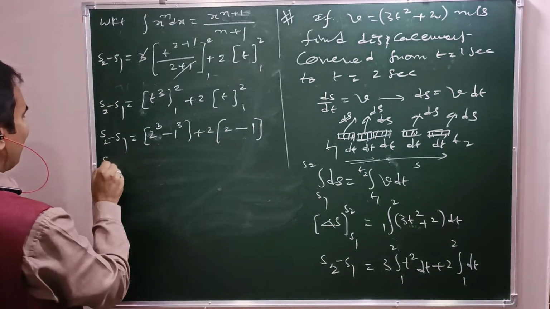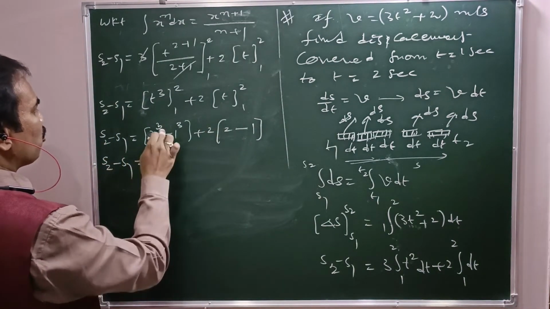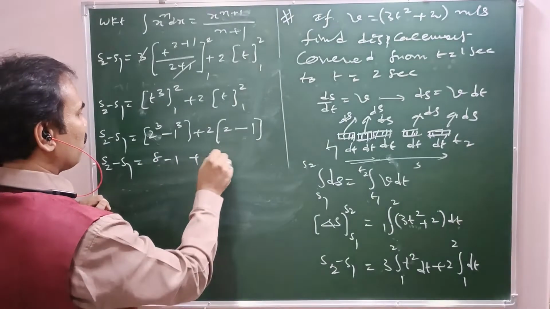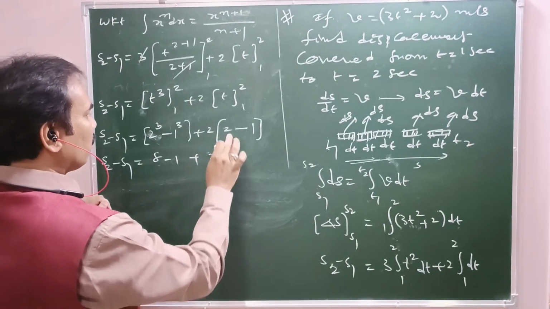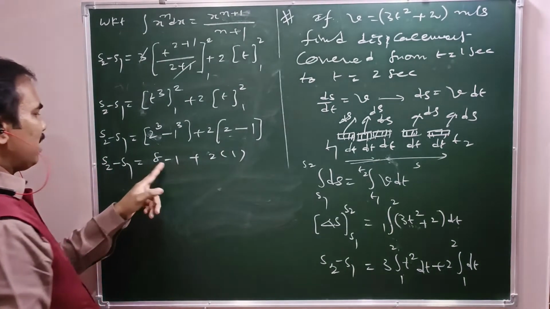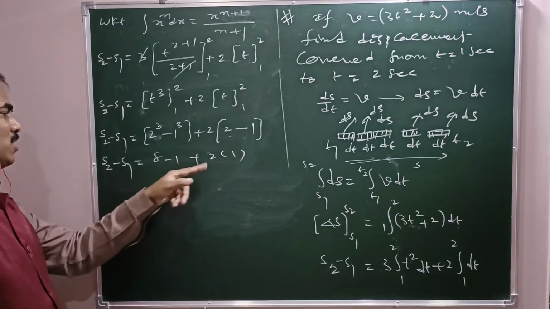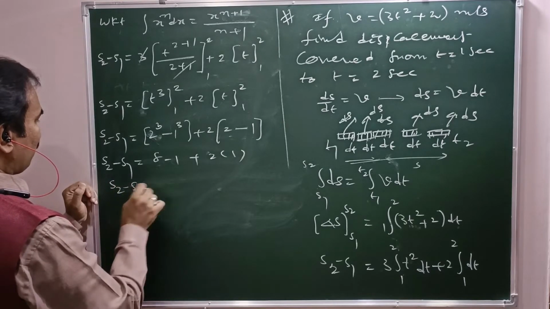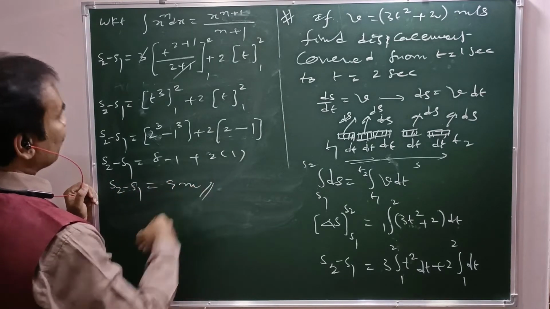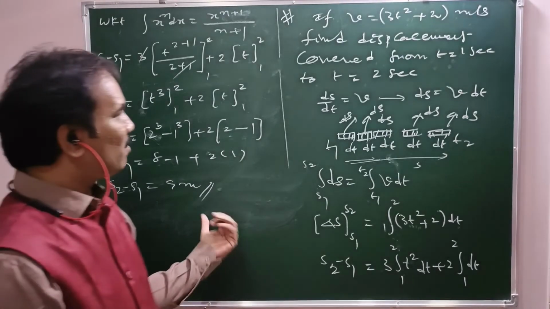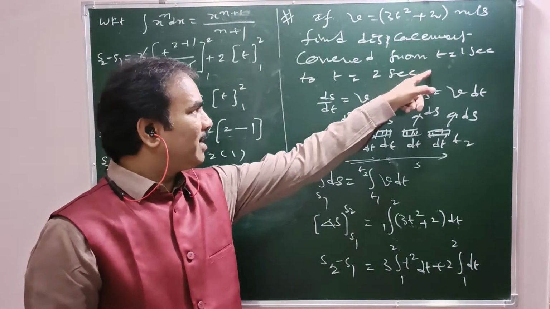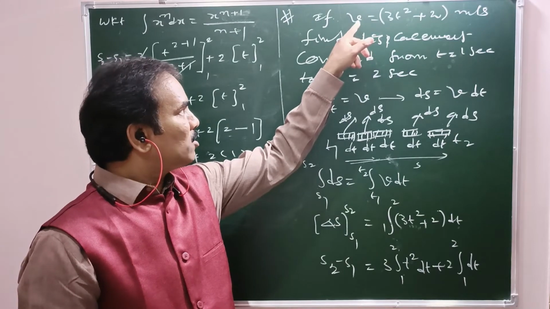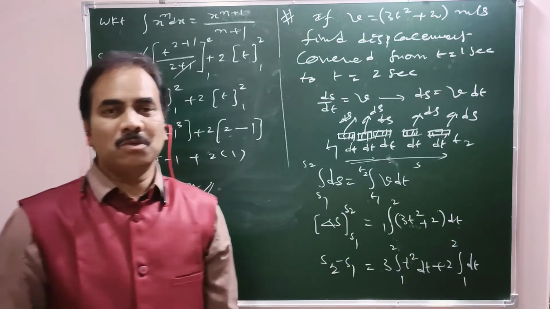That is 2 cube means 8, so 8 minus 1 plus 2 into 2 minus 1. 8 minus 1 is 7, 7 plus 2 is 9. So S2 minus S1 equal to 9 meter. This is the displacement covered from t equal to 1 to t equal to 2 seconds for a particle which moves with a velocity v equal to 3t square plus 2.